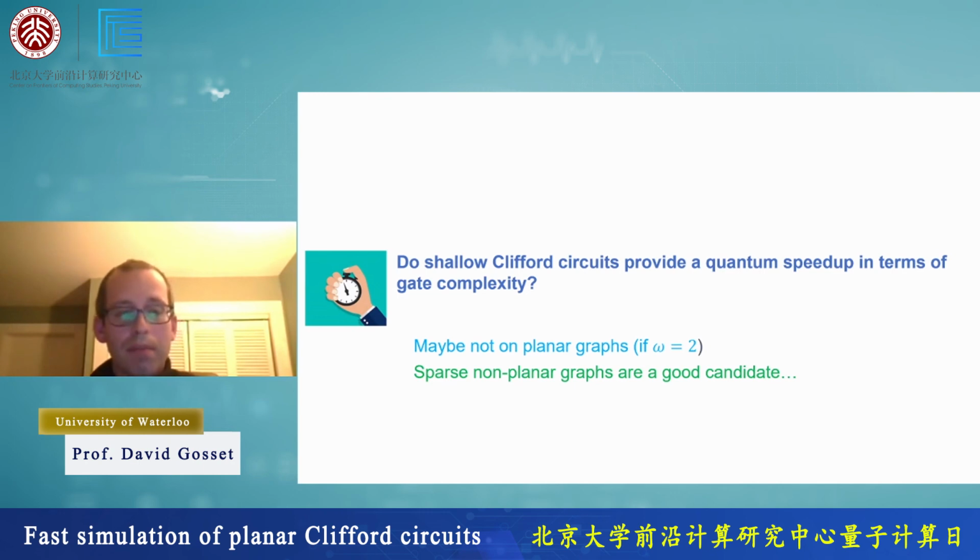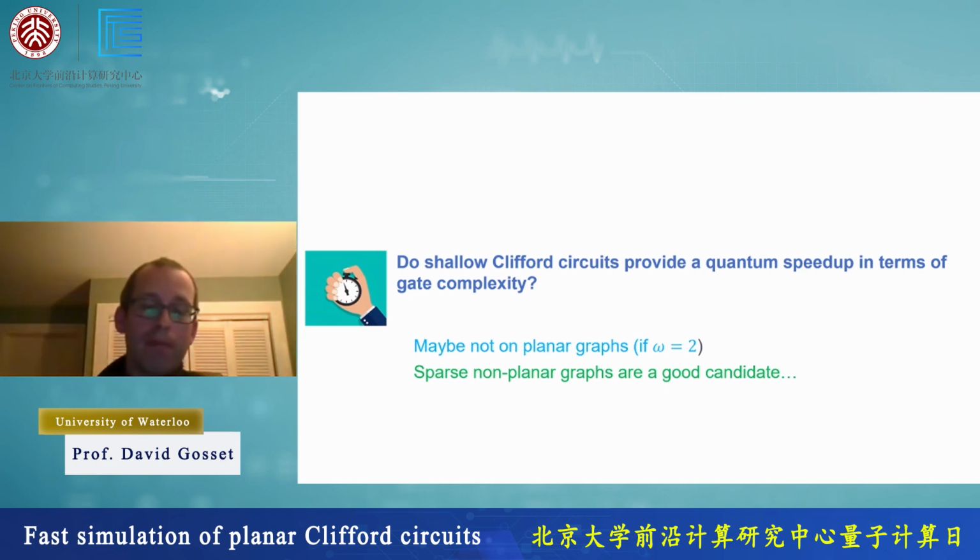However, another way to view our results is to say, well, it's all consistent with simulation of Clifford circuits being very similar to other linear algebra tasks with the same kind of geometric restrictions. And so I would say that for this hidden linear function problem for Clifford simulation on sparse but non-planar graphs, as far as we know, there could be a polynomial quantum speedup for that task.